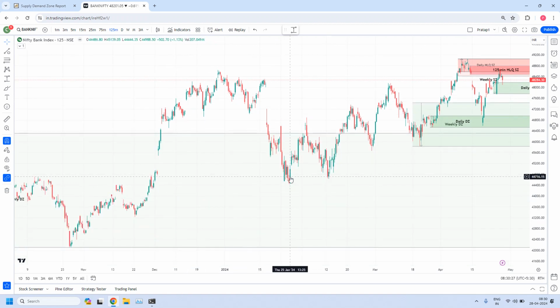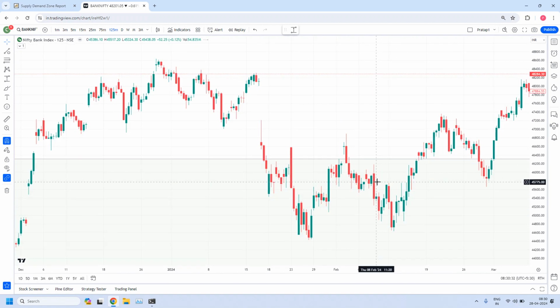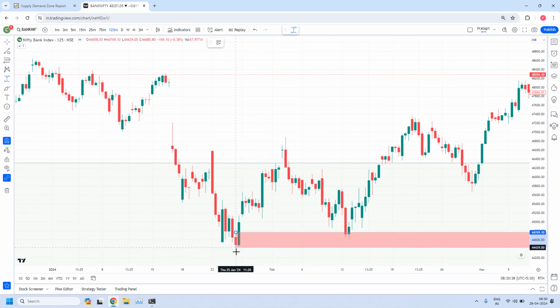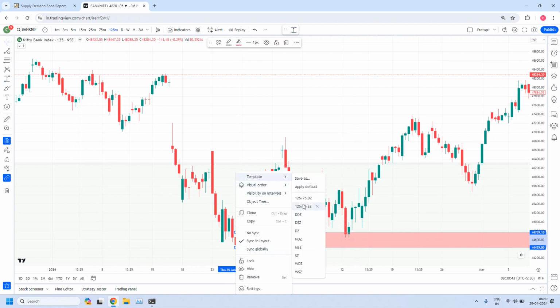This is November, this is January. Somewhere here we have a 25.1, 9.15, one base candle. This is the high liquidity demand zone.